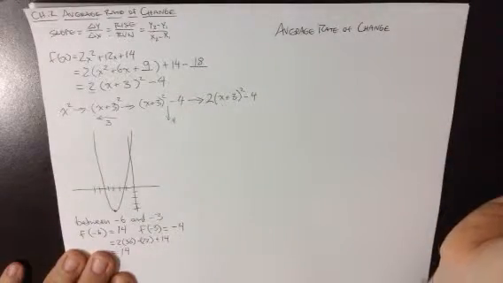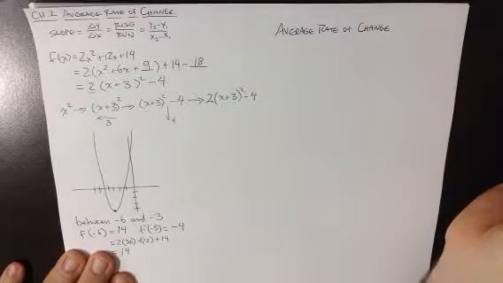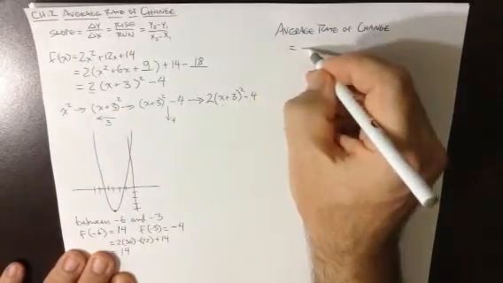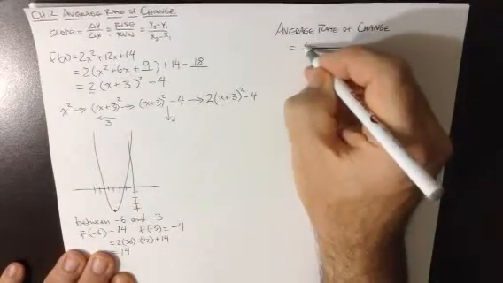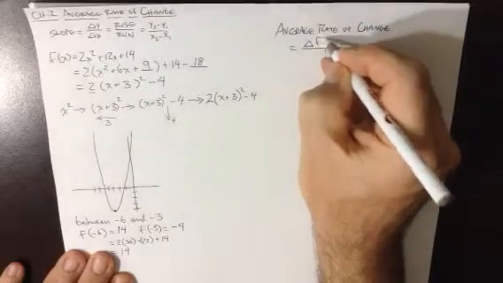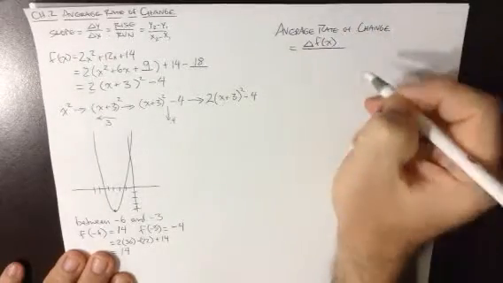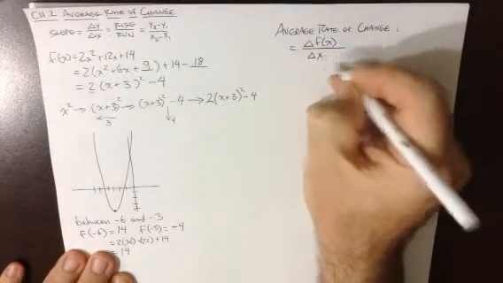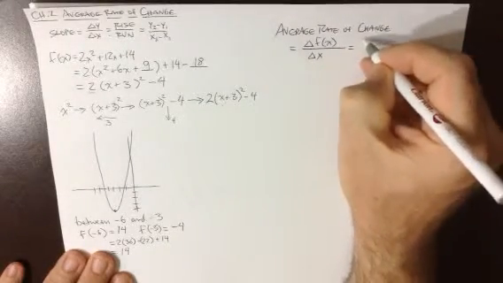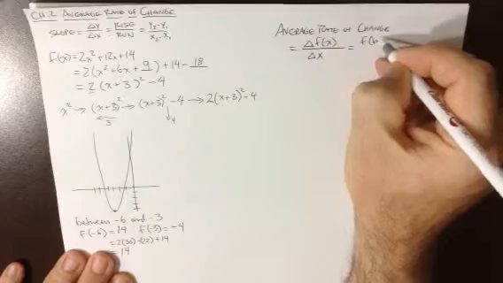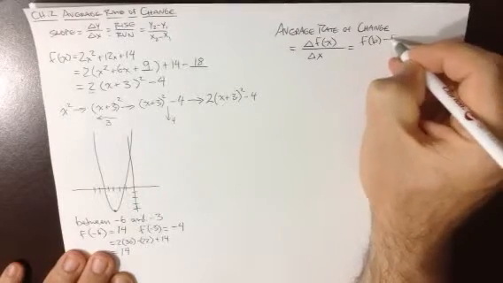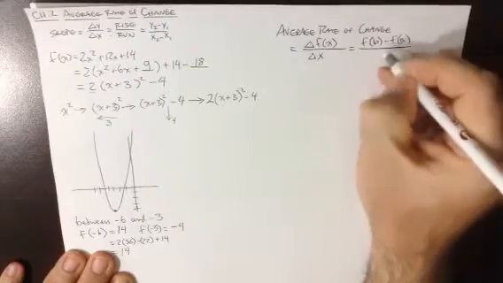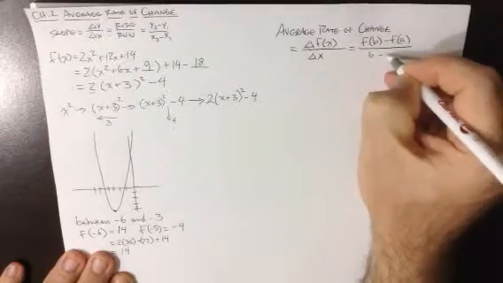And here you go. This is how we do it. The average rate of change is equal to the change in the function over the change in x. We could calculate the change in the function between two values, a and b.